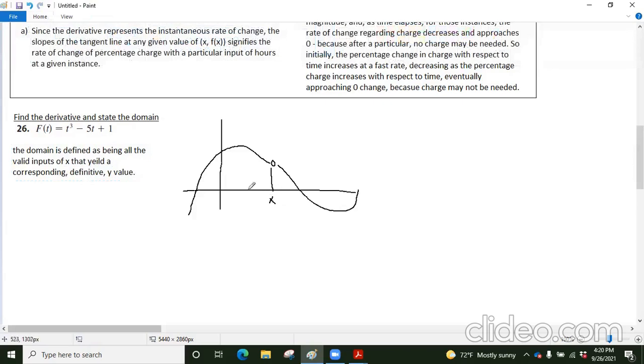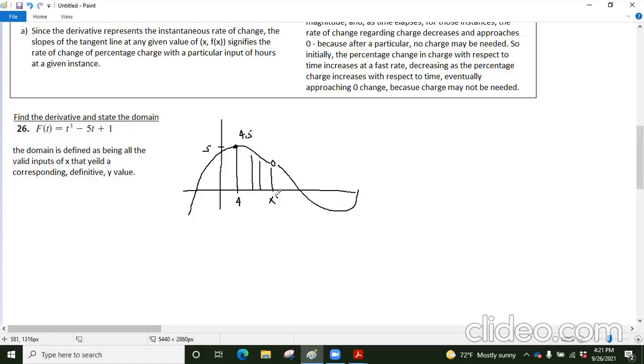So, if you think about it, if I input, let's say this is 4, if I input 4 into my function, I can have a definitive Y value or corresponding Y value here, and that would make up an ordered pair. So I'd have 4, and then if this were, let's say 5, I'd have 4, 5. And I could do that for every single point along this particular curve.